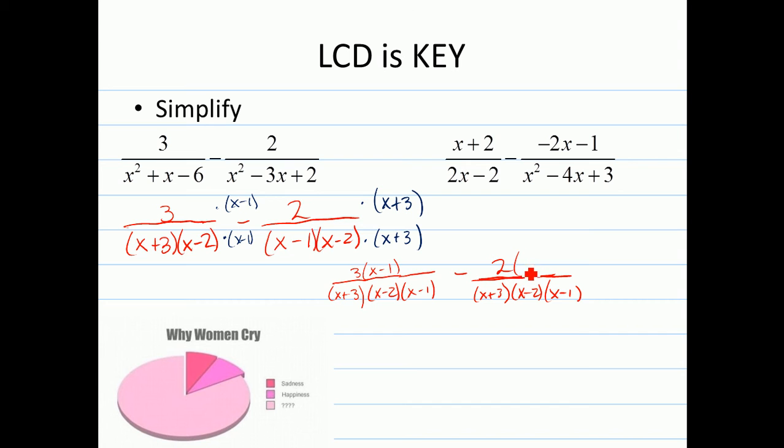Oh, I'm sorry, this is going to be 2 times x plus 3 right here.